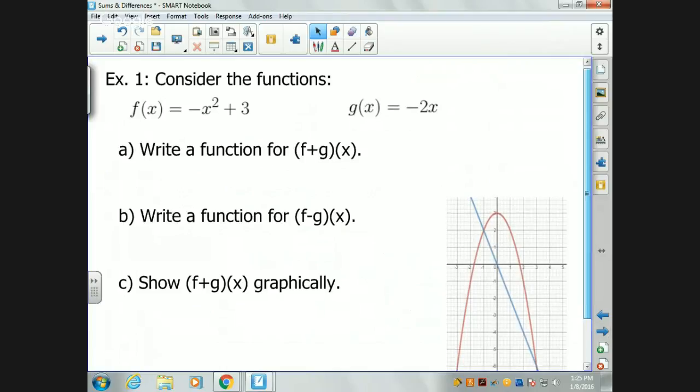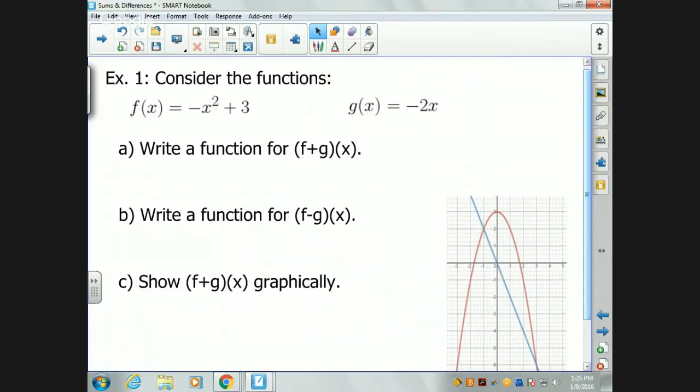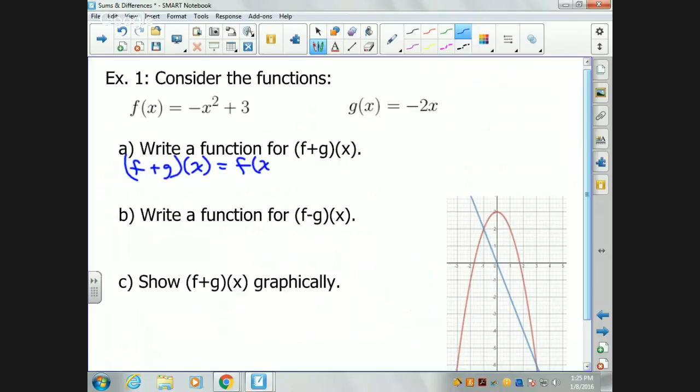So here are two functions, f of x and g of x. F at x is negative x squared plus 3. G of x is negative 2x. And if we're going to write the function f plus g of x, it's just equal to f at x plus g of x.